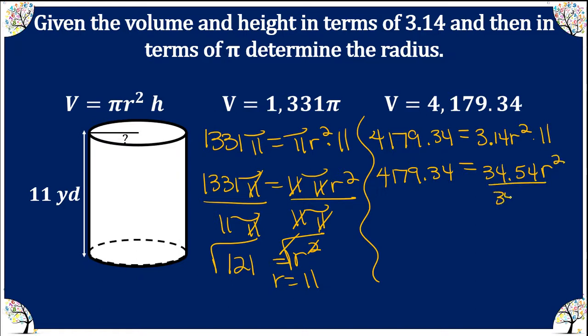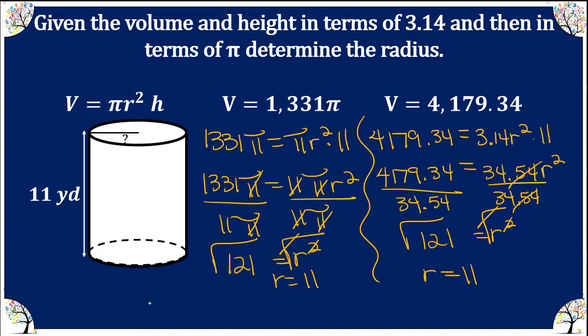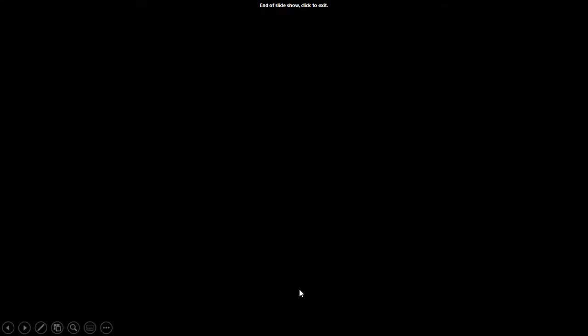Divide by that coefficient, isolating r squared. Dividing, this gives us that 121. We're going to take the square root of both sides, and our radius is indeed 11. I hope this helps.